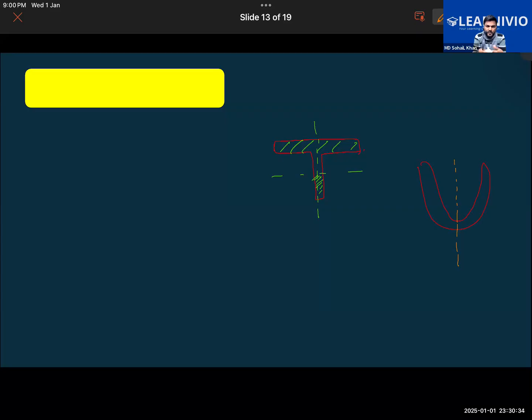Fold it from the middle and try to bend the paper in this manner. I don't know if you can see. Are you able to see this? Is the U visible to you? Slightly visible. No? Just give me 1 minute.